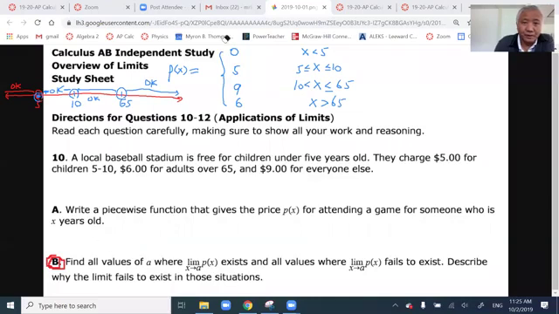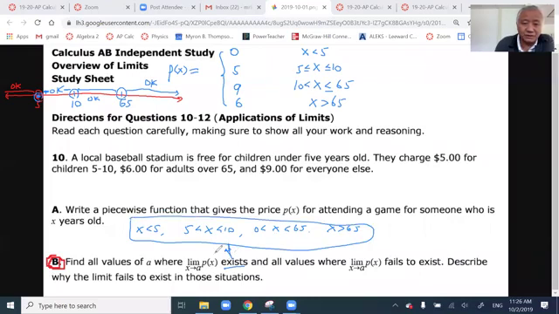To answer the exists part, you can put x less than 5, x greater than 5 and less than 10, and then x greater than 10 and less than 65, and then x greater than 65. All of this belongs to where the limit exists.